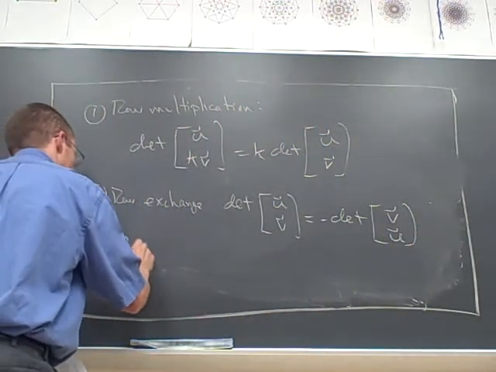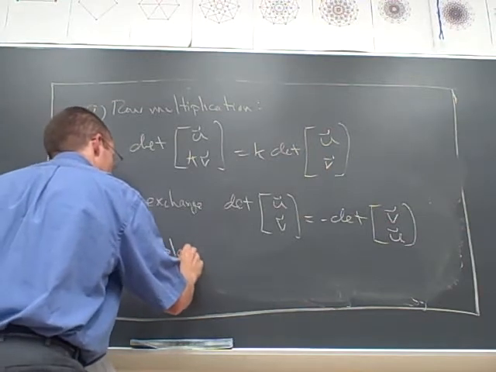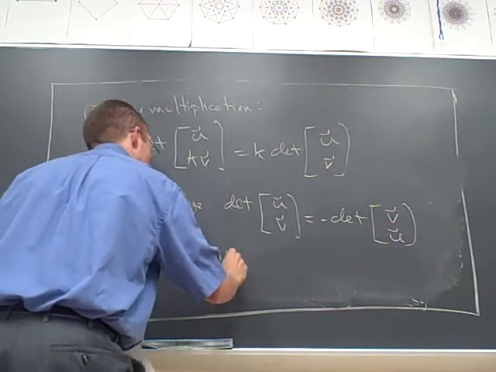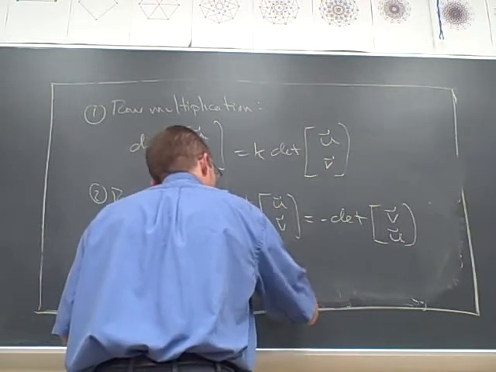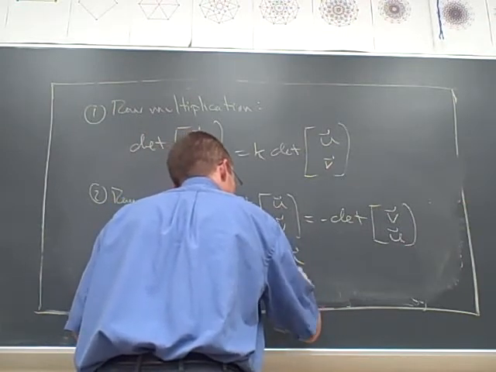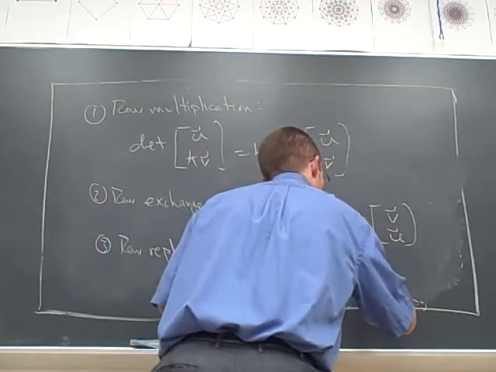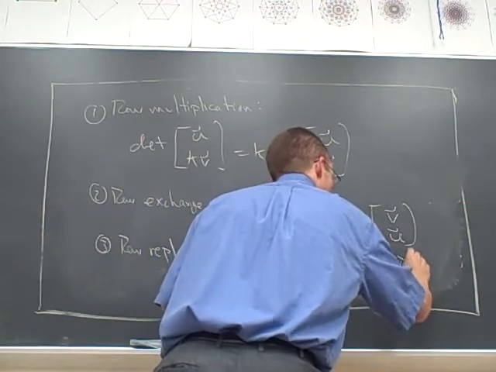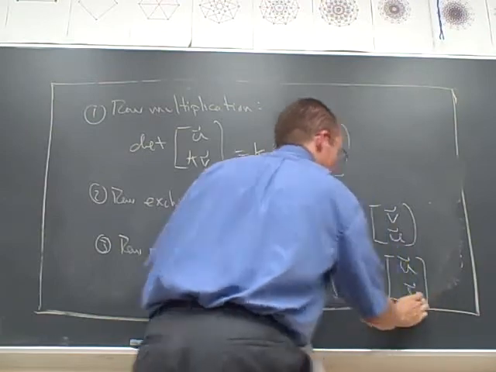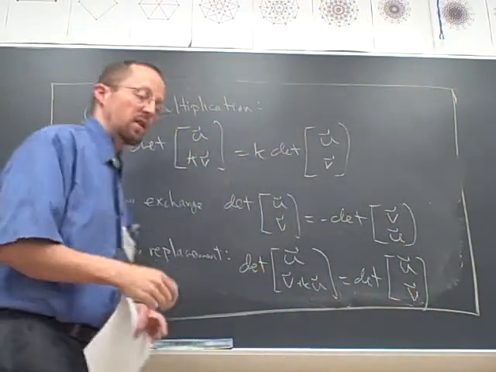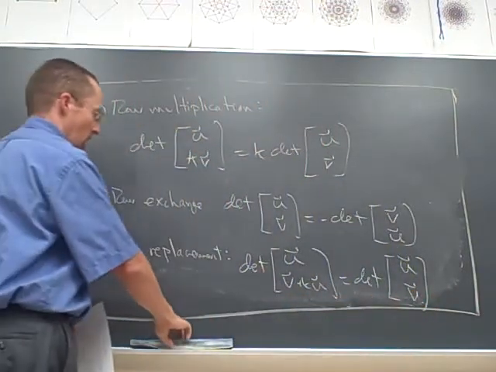And the row replacement operation, even though it's the most interesting of the operations, is the one that does nothing to the determinant. Now that doesn't mean it's a stupid fact. It's a very, very useful fact. It really is that useful.